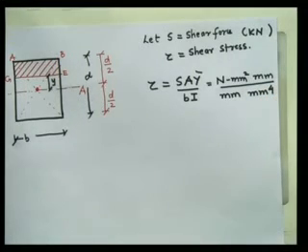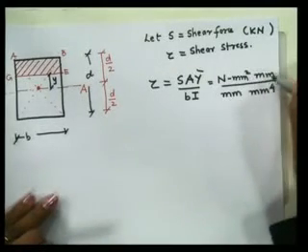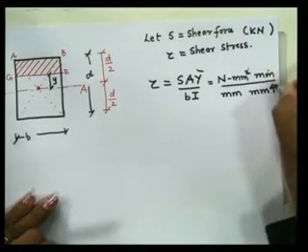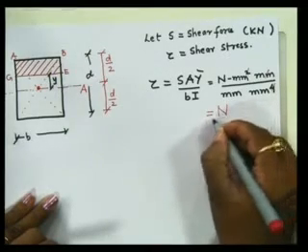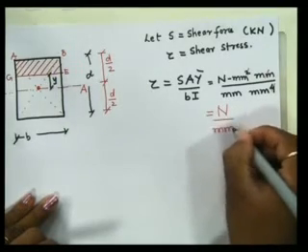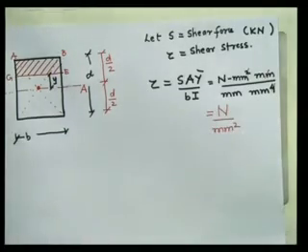The mm square and mm, that is mm cube, cancel out, so we get the final answer for tau as Newton per mm square. So tau is shear stress and its unit is Newton per mm square.